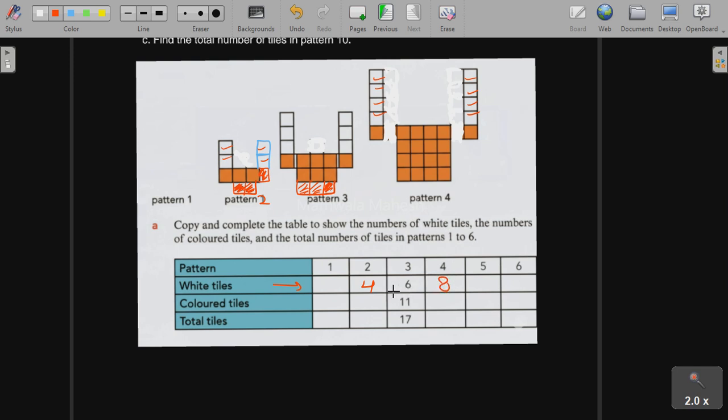Okay, so you can see the pattern 4, 6, 8. So in pattern 1 there will be 2, in pattern 5 there will be 10, 6, 12. Okay, it means multiples of 2, because we got 4, 6, 8. These are multiples of 2.